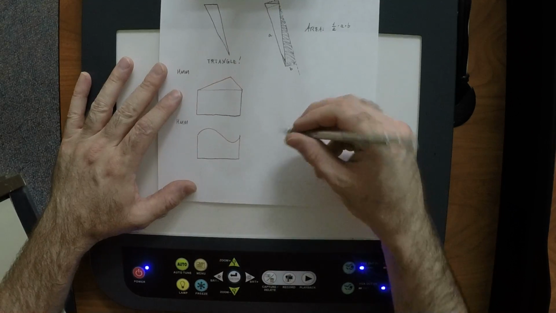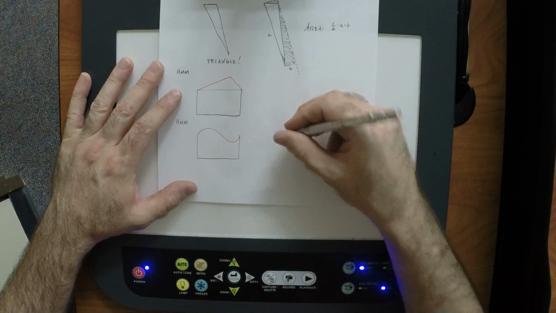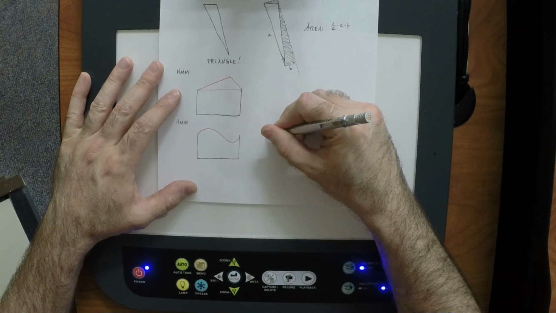Okay, the way we're going to do it is like this. I'm going to make 2 copies of that shape.